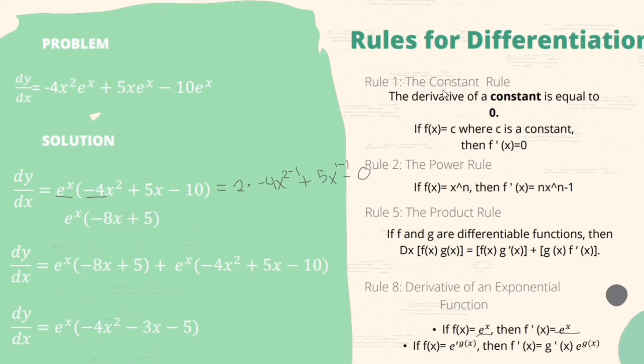Because, remember, according to the constant rule, the derivative of a constant is equal to 0. And that we simplify, that's negative 8x, x's exponent is equal to 1. And here we have plus 5. 5x becomes 5 because of x's exponent, which is 1 initially, and it later becomes 0 here, therefore removing x from the term.